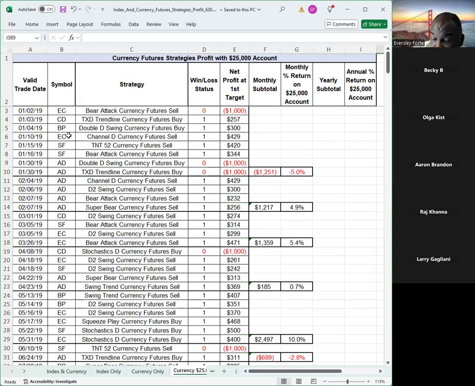These are the trades which became valid, and the worst case scenario. On our trading plans, we give people the what-if scenarios. What if you use this size first target? What if you use this size second target? What will your win-loss percentage be if you use this size target, or this size?